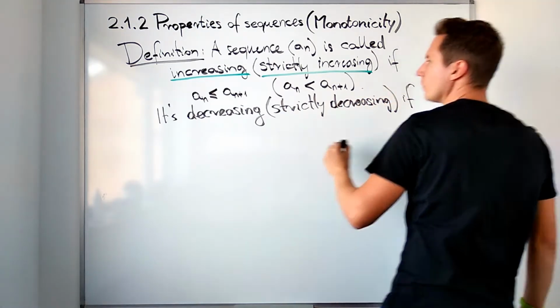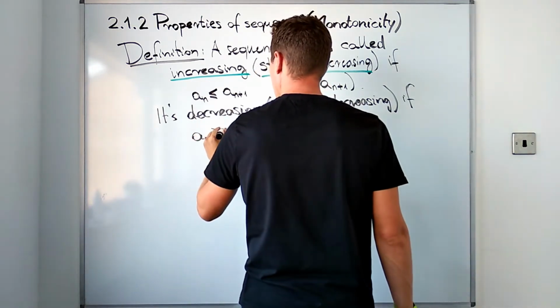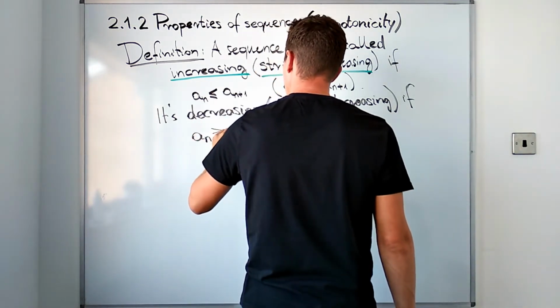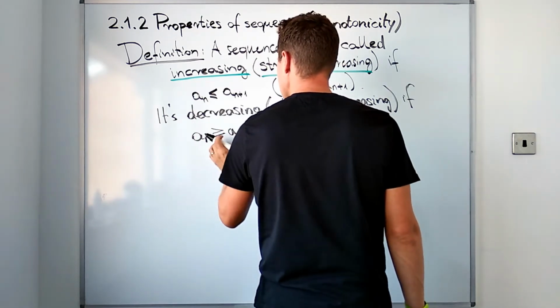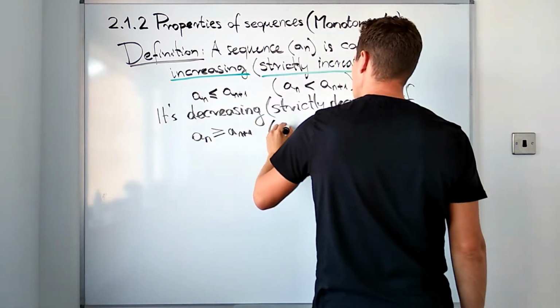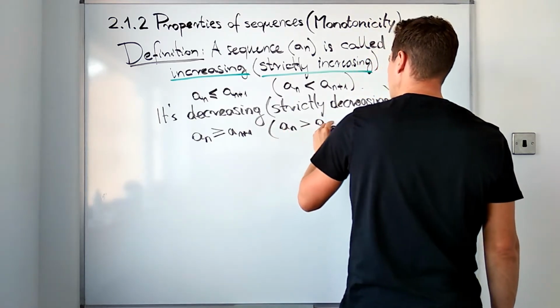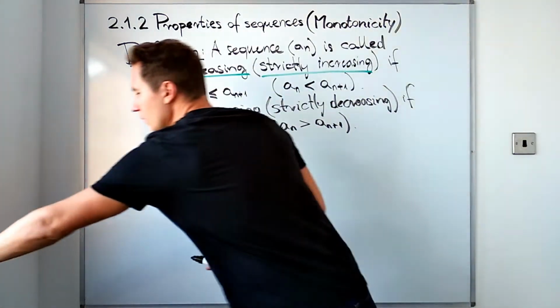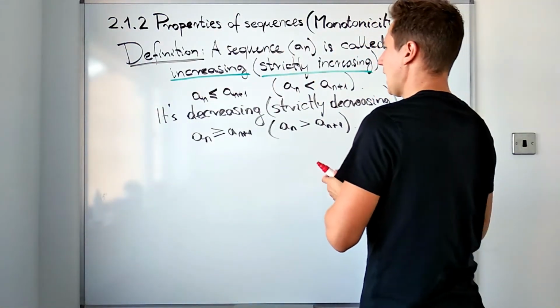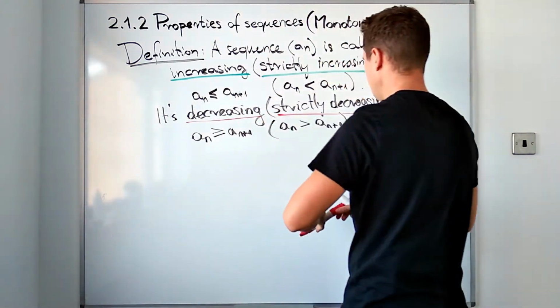Now, this happens if each term in the sequence is less than or equal to the previous one. So the n plus first term is less than or equal to the nth term, and it's strictly decreasing if the n plus first term is strictly less than the nth term. This is when we say that our sequence a_n is decreasing or strictly decreasing.